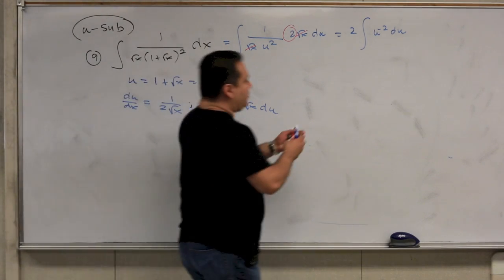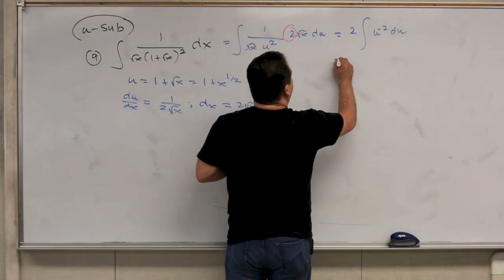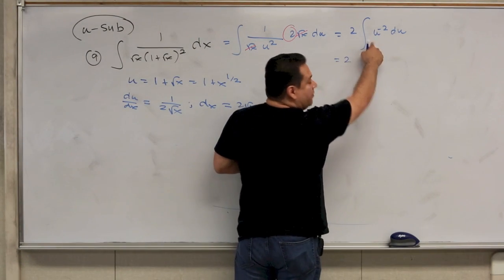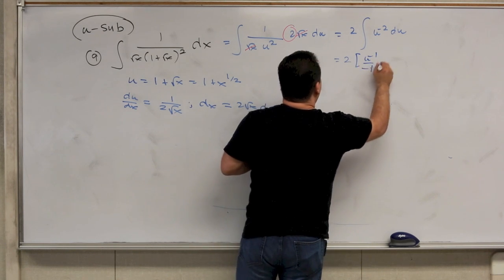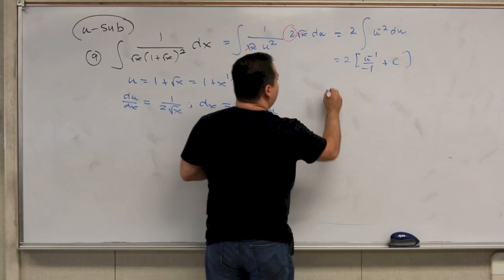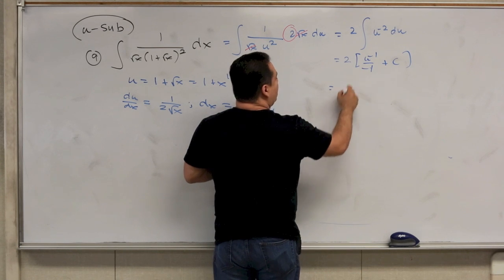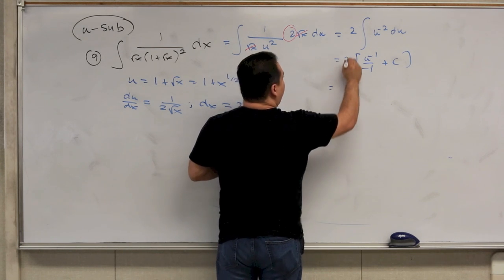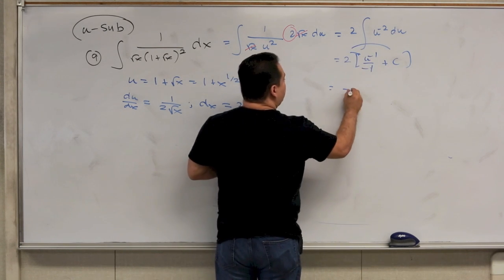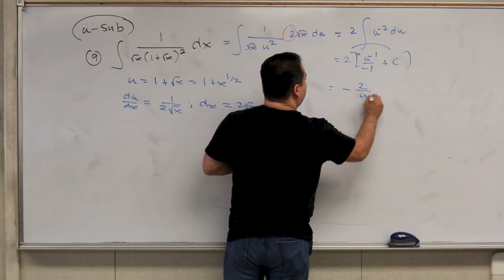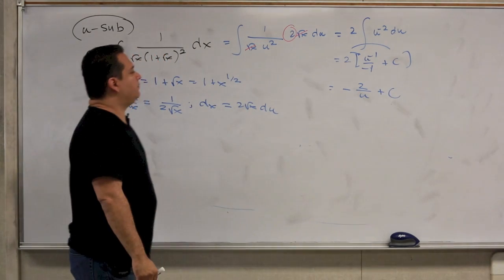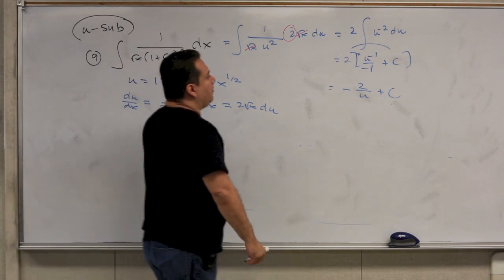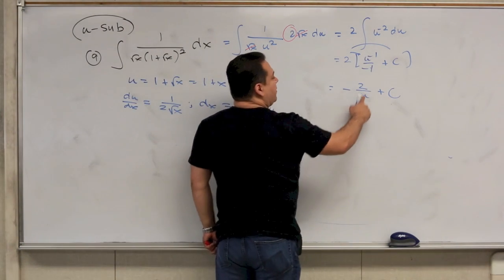And so what do you guys do with this now? Right, integrate by the power rule. So that'll be u to the minus 1 over minus 1 plus c. If I distribute this, this is going to be negative 2 over u plus your c. Because u to the minus first power means put me on the bottom.